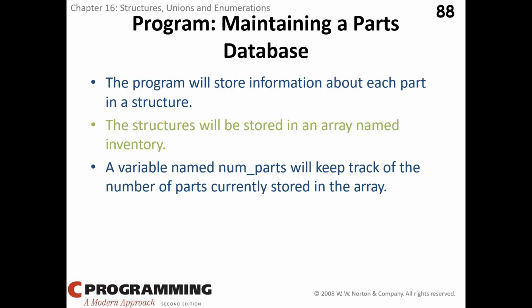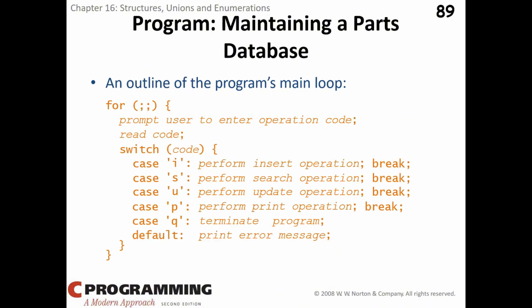So the program will store all the information about each part in a structure, and the structures will be stored in an array named inventory. And we also have a variable named num_parts that will keep track of the number of parts that are currently stored in the array. And here's the outline of our program main loop.